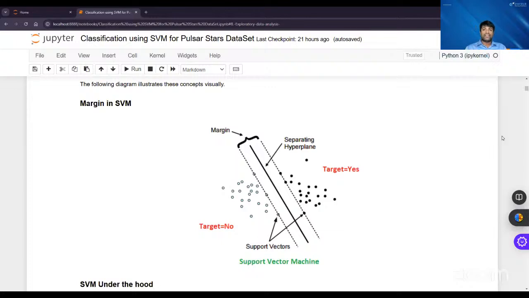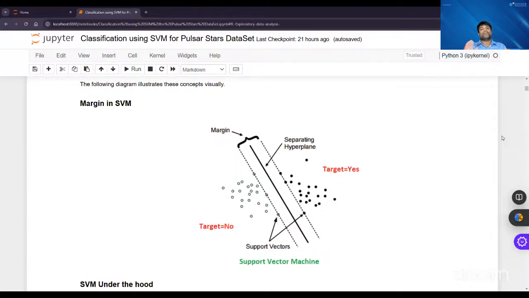It is dividing or segregating the data points into yes and no categories, because we are talking about classification. So it is trying to segregate the yes points and the no points, or you can say two different classifications.